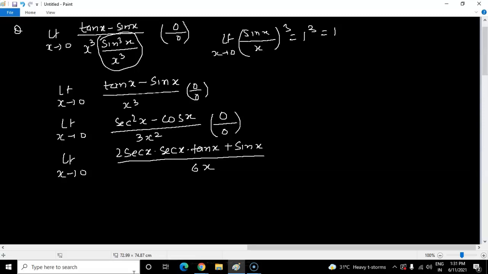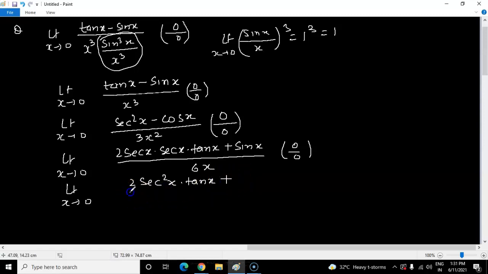Now if you put 0 here, this becomes 0. Sin 0 also 0, right? Yes, sir. So again 0 by 0 form. This one I can write, differentiation, but we just have to order it. 2 secant square of x into tan x I can write, right? Yes, sir. Correct.